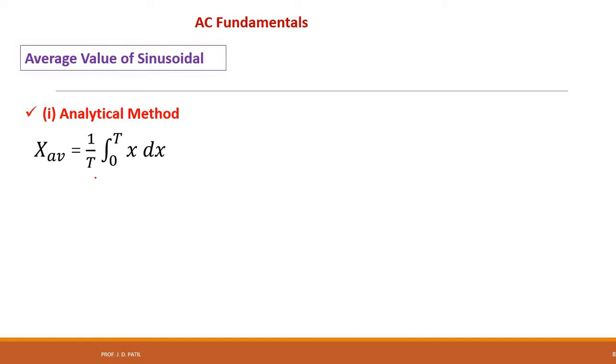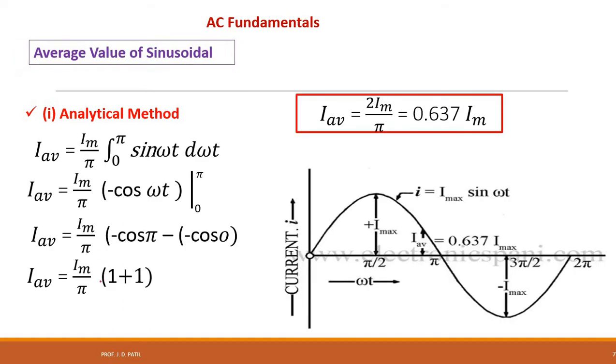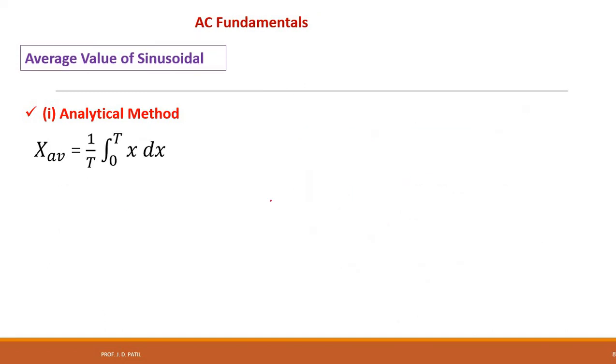When we divide 2 by pi, we get the answer 0.637 of Im. So the I average value is 2 Im by pi, that is 0.637 of Im. So this is the average value.